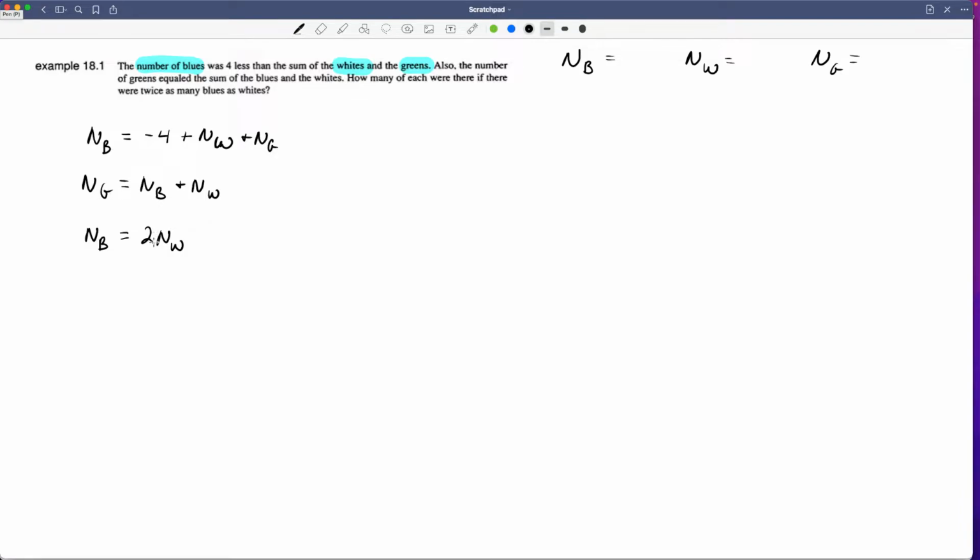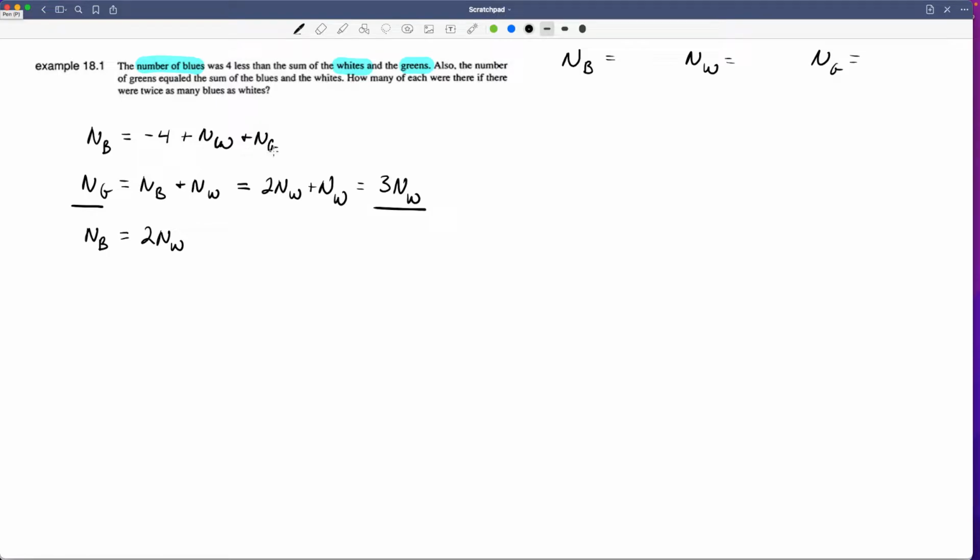So if I can substitute 2 times the number of whites for the number of blues, then the number of greens is equal to 2 times the number of whites plus the number of whites, which is equal to 3 times the number of whites. So the number of greens is equal to 3 times the number of whites.